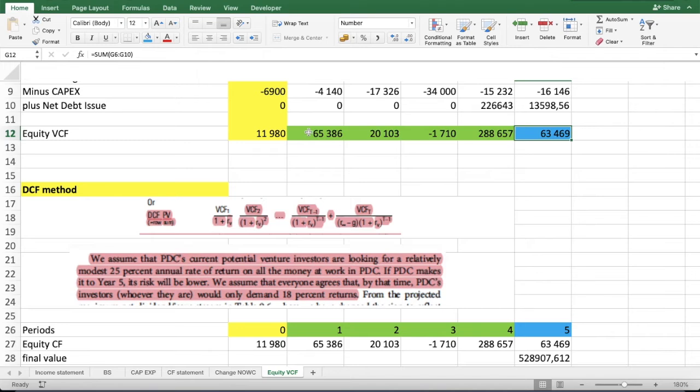The green one is what we call the explicit period, which is the future forecast for the firm whenever the firm is still considered a startup, characterized by a high growth rate, but also by high risk.